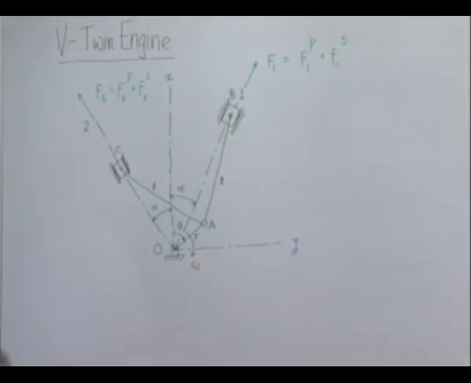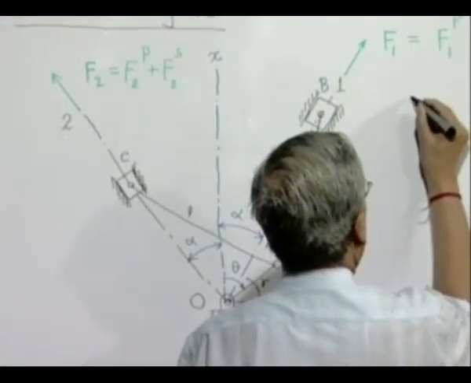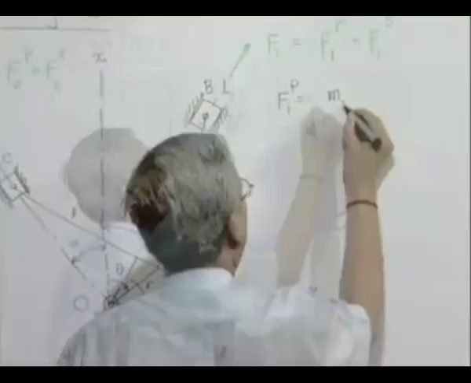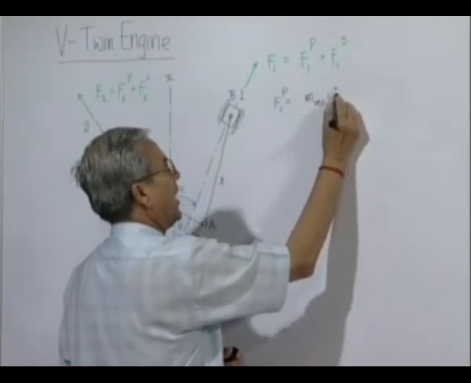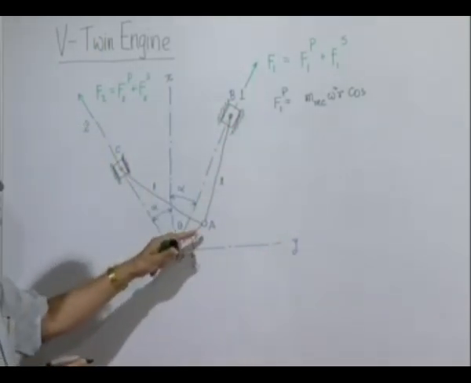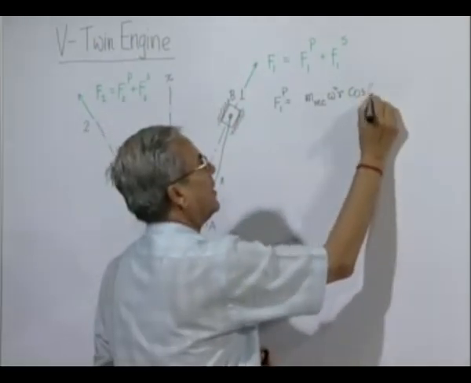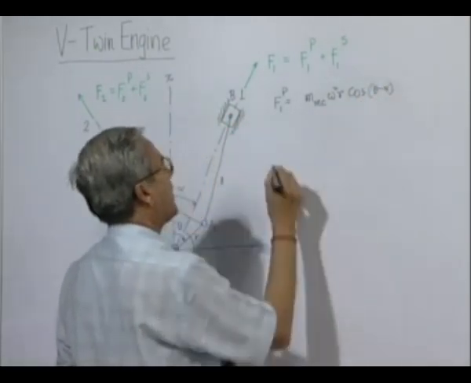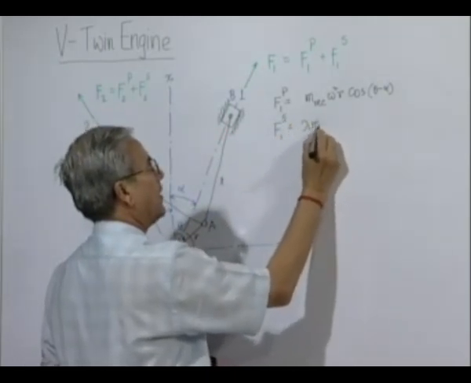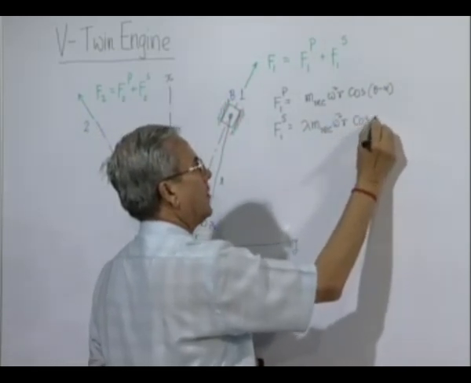We know that the primary component for this cylinder arrangement will be m reciprocating omega square r into cosine of the angle made by the crank from the center line. So, it is only this much, and that is theta minus alpha. The secondary component will be lambda times twice this.